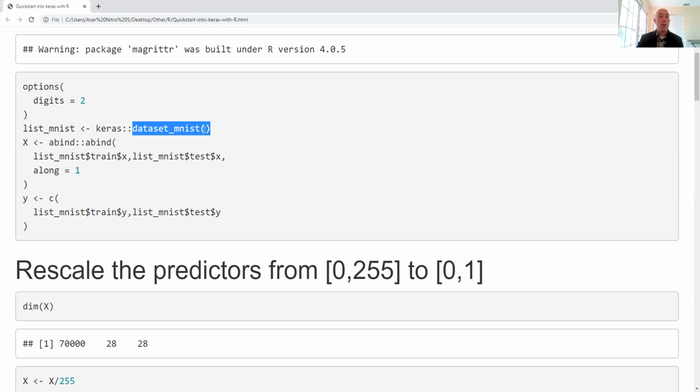I've got a whole bunch of images, about 70,000, and then 28 by 28. So it's a 70,000 by 28 by 28 array. Each of my data points corresponds to an image, so each of my data points is a 28 by 28 representation of a picture.